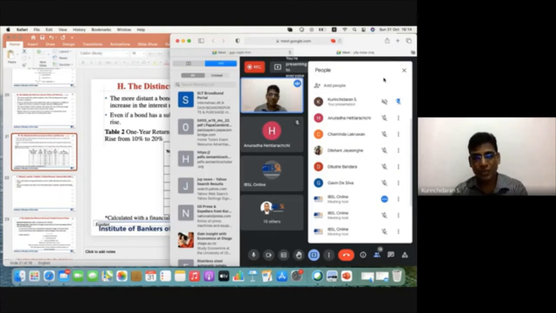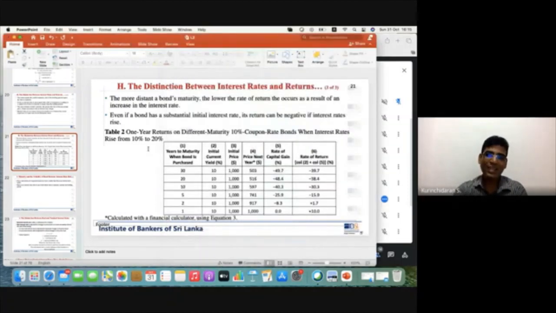They will have all these calculations, and sometimes you will get a chance to join this kind of committee. Then you should have all the in and out ideas about this interest rate risk. This is what we call interest rate risk.